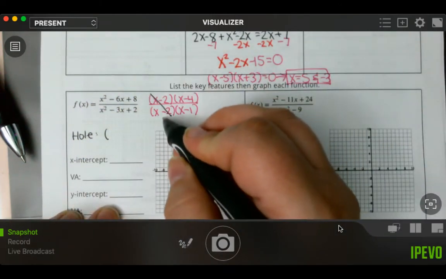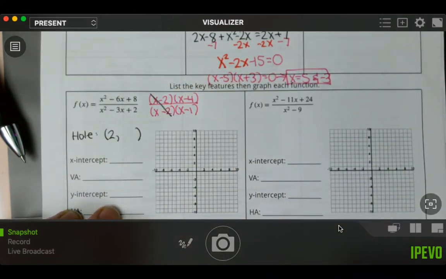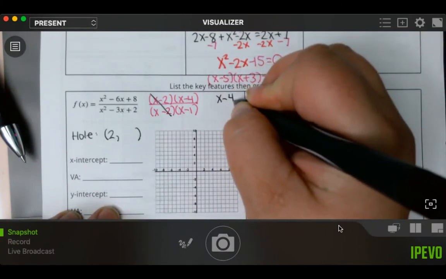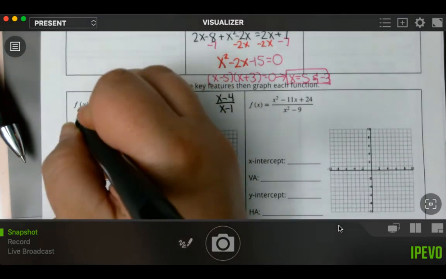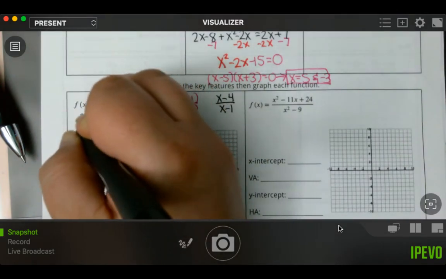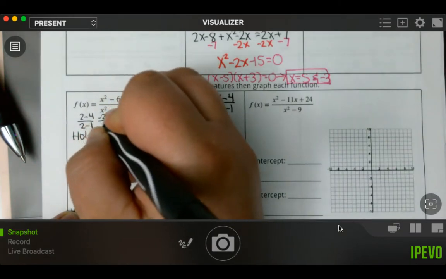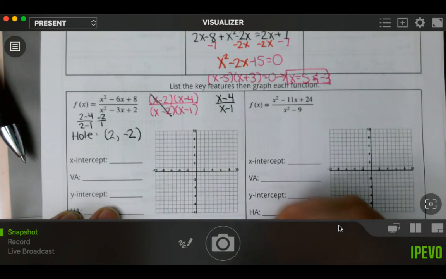The 0 of that factor would have been 2. To figure out how high or low to put that hole, you plug 2 into what's left, which is x minus 4 over x minus 1. So it would turn into 2 minus 4 over 2 minus 1, which is negative 2 over 1. So my hole is at 2, negative 2.